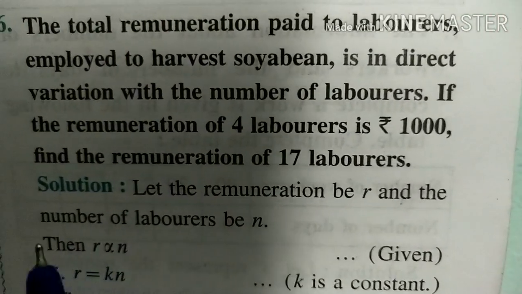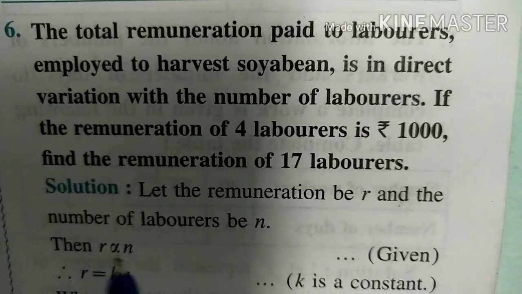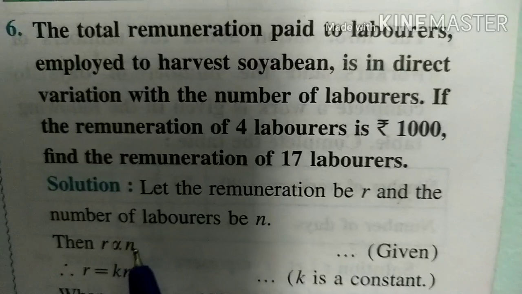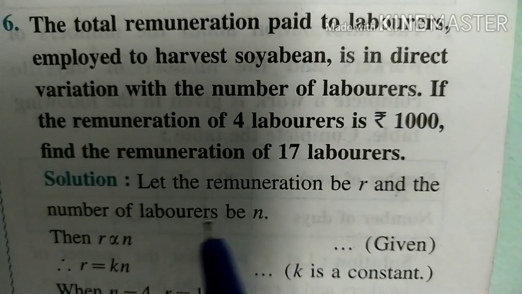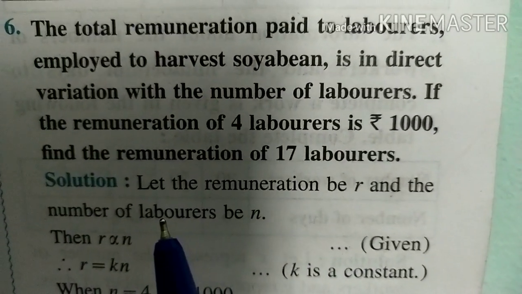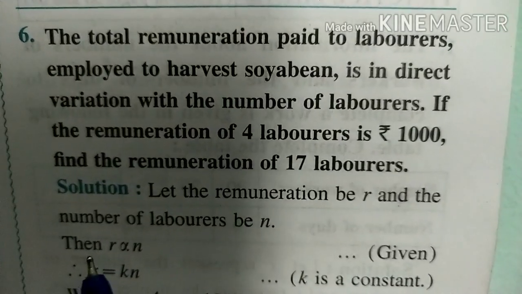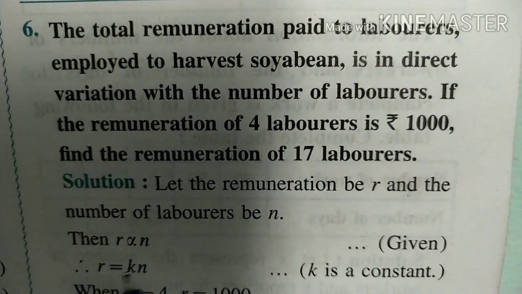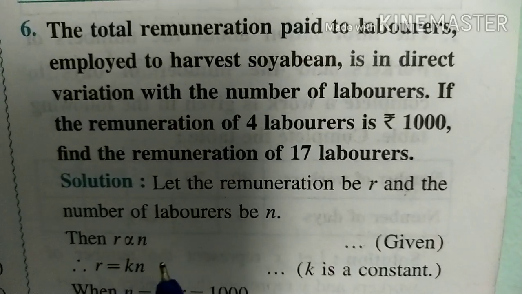Therefore, we have written here remuneration is in direct variation with number. So, R directly varies as N. R is remuneration and N is number of laborers. Therefore, R is equal to, the same way as we write the equation, that is kN.